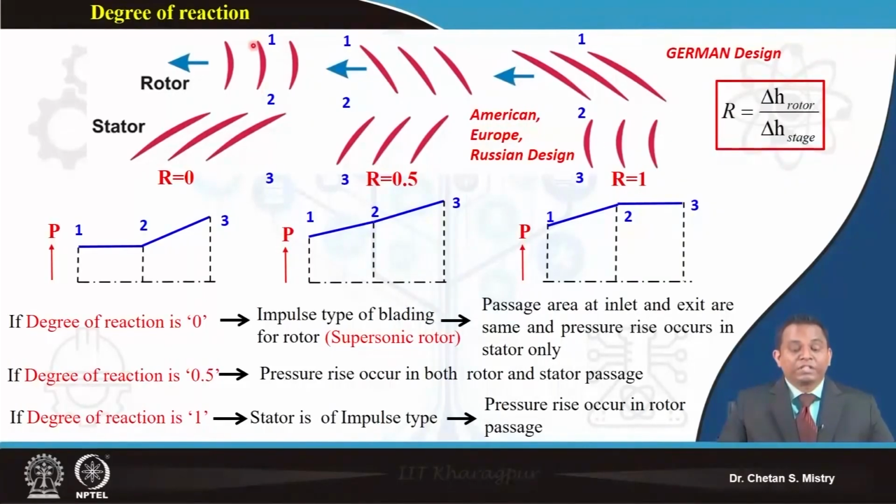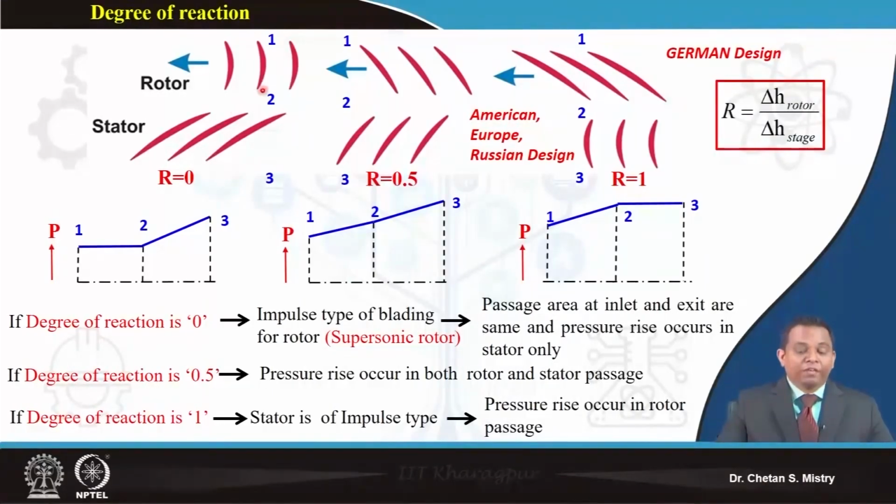This kind of blading is called impulse blading. Mostly these kinds of rotors are supersonic rotors. They have their special application, and as and when it comes, we will discuss. So my passage area at the entry and at the exit of the rotor is constant.